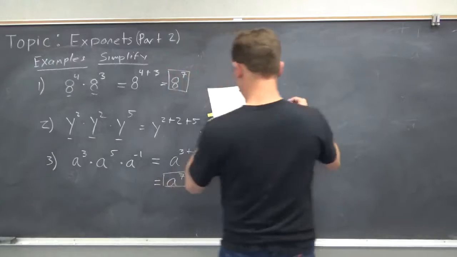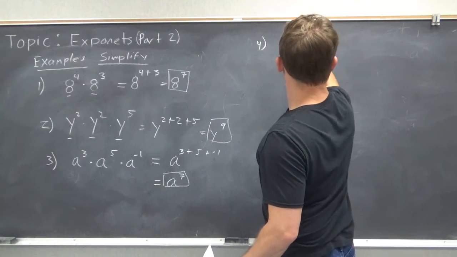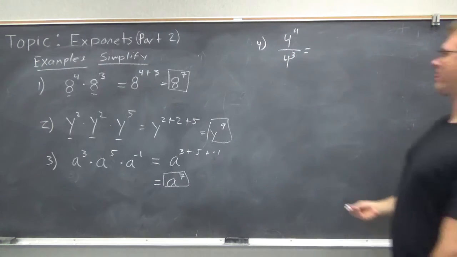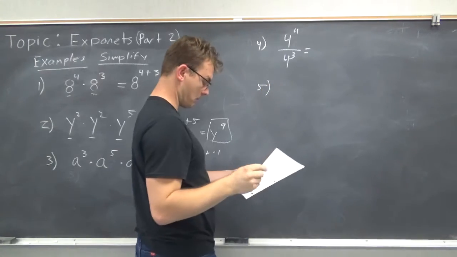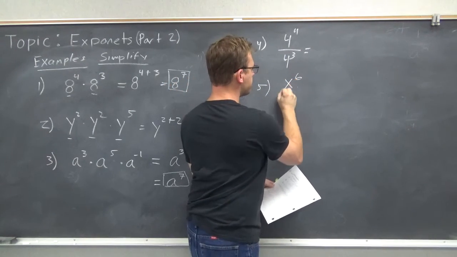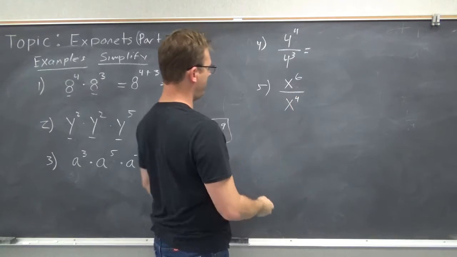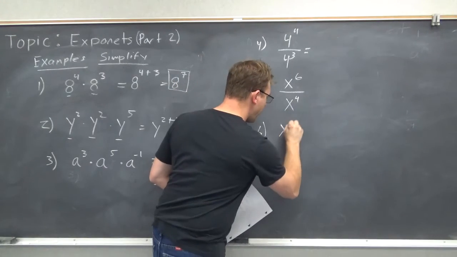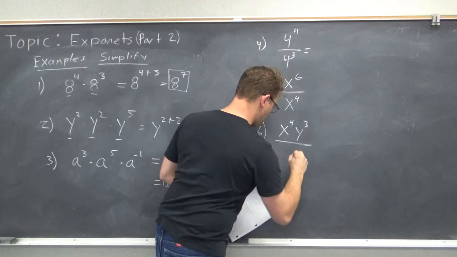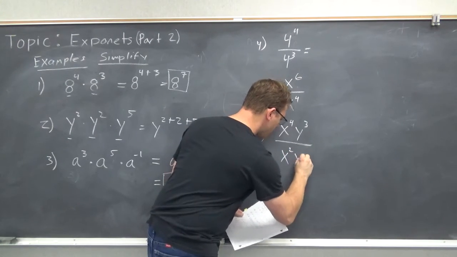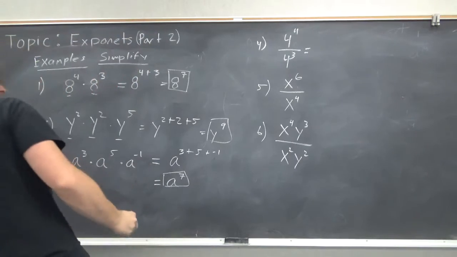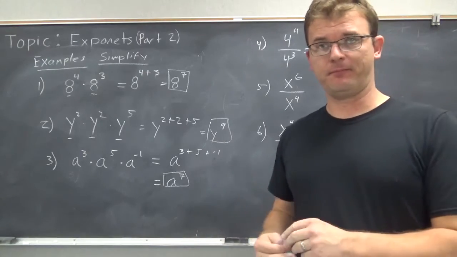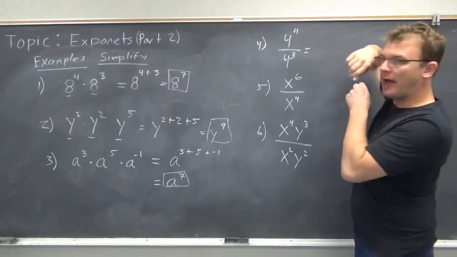Try this one. 4 to the 4th over 4 to the 3rd. x to the 6th over x to the 4th. x to the 4th y to the 3rd over x squared y squared. So each of these has a certain rule that is associated with it. So on this one, you have to go back to your rule set.